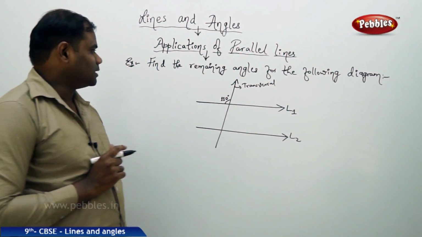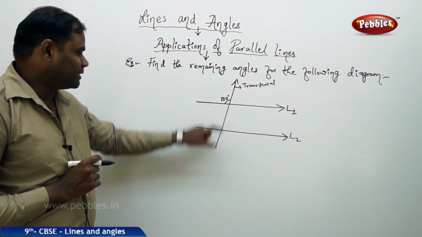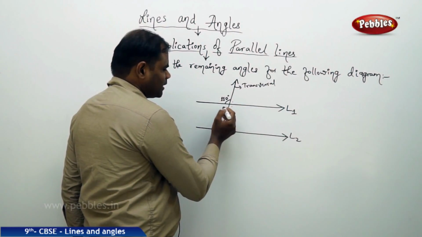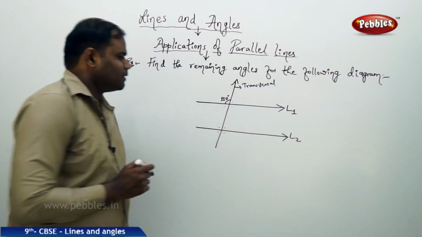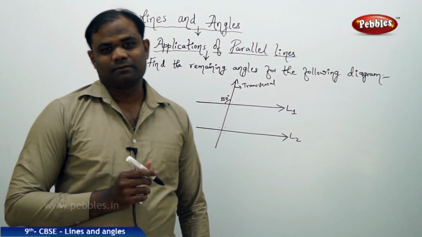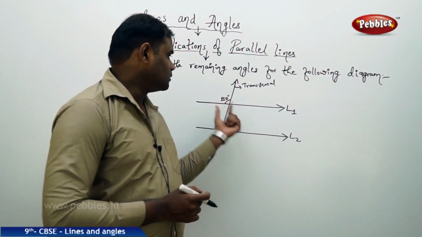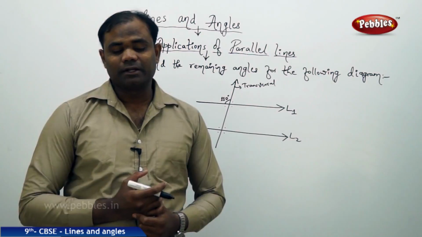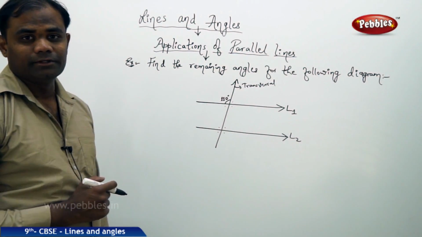Now my question is find the remaining angles for the following diagram. So given that this is 110, I need to find this angle, this angle, this angle, this, and this using the 110 degrees. So let's see how we can find each of the angles using 110 degrees which is given out here. So let's see each of the angles.